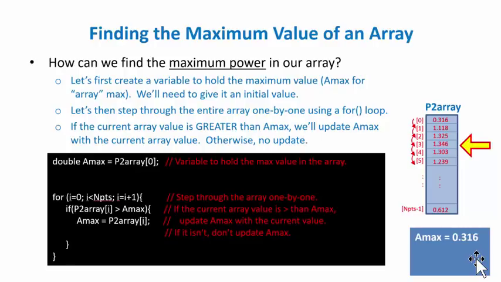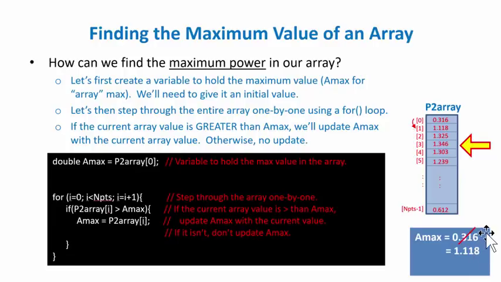You don't want to just guess and say, well, we'll make it -1,000,000, because you never know what's going to be in the array. It could be -2,000,000, and then that would be less. So we always want to start it at a value that exists within the set of values in the array, but it doesn't matter which one, because what we're ultimately going to do is compare the current value stored in A max to the value we're looking at in our for loop, and then update it accordingly.